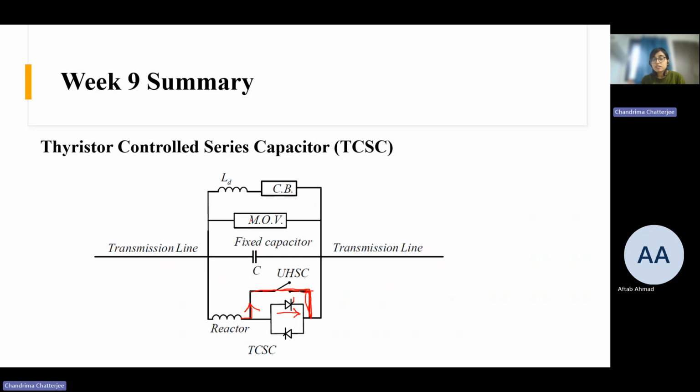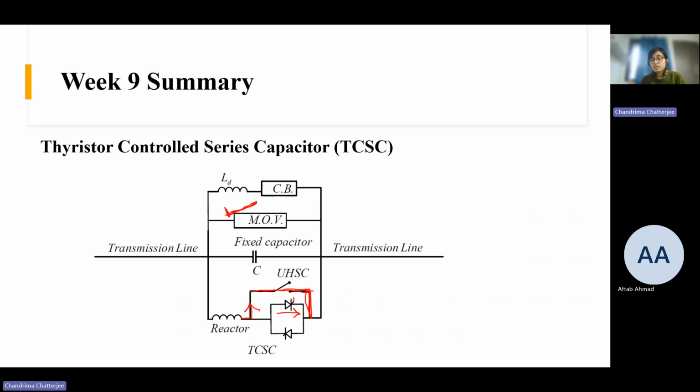And there are other components like this MOV. The full form of MOV is metal oxide varistor. This is basically a non-linear resistor, and it is used to protect this capacitor from over voltage. Non-linear resistor means the resistance value varies. It is not a fixed resistor.